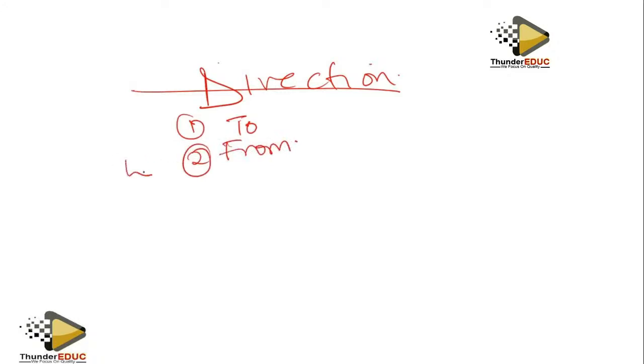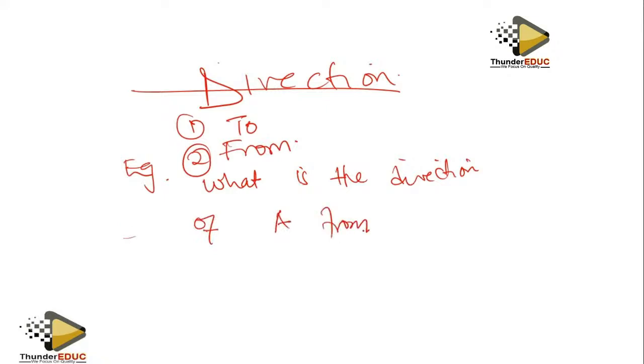For instance, what is the direction of A from B? In other words, if we don't use to, we use of, but normally there is from. And when you are given direction, the first thing that you must look for is the word from.